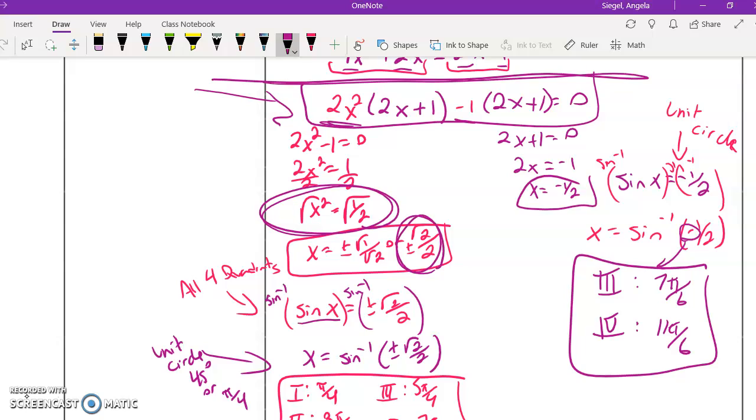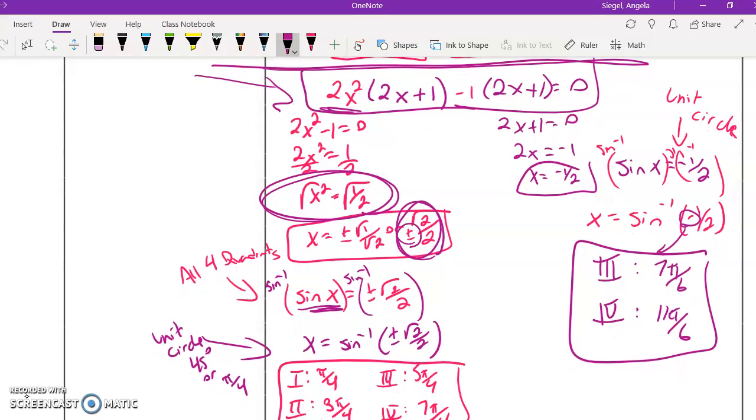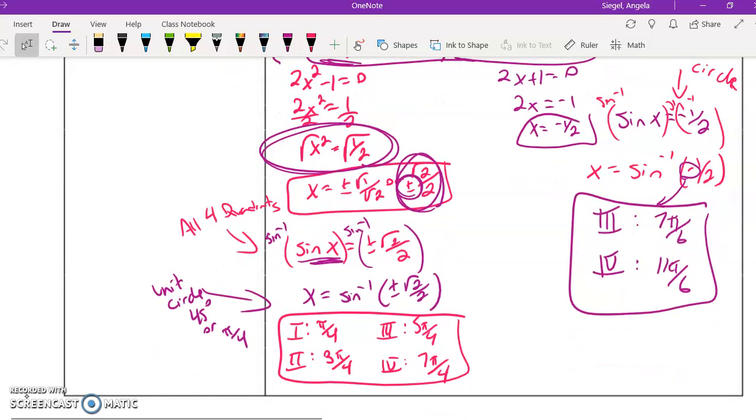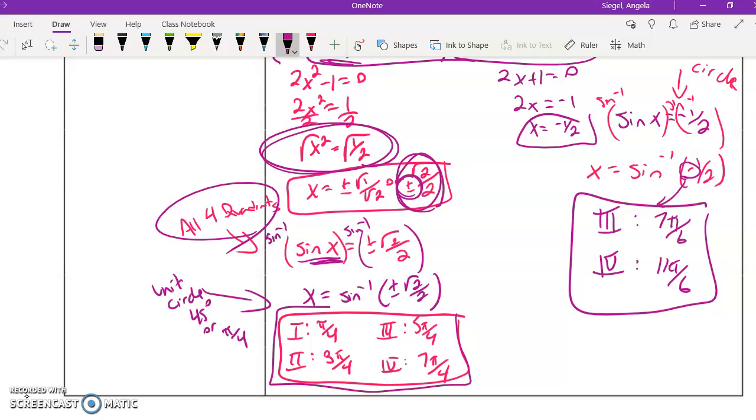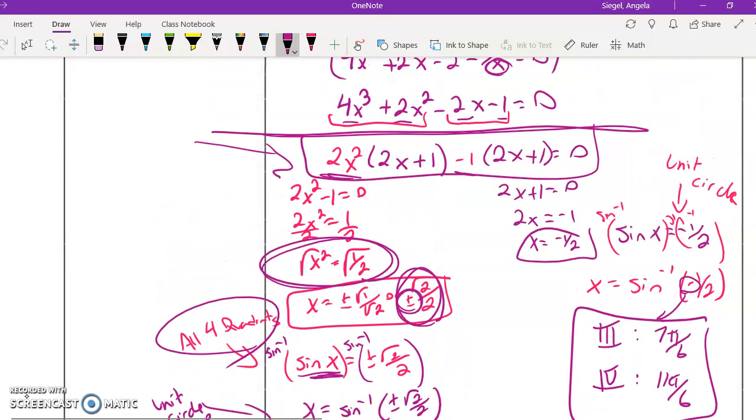So that's what I plugged in sine of x for. Notice that you have the plus or minus, which means it's going to be in all 4 quadrants. And square root of 2 over 2 is on the unit circle as 45 degrees or pi over 4. So that's where I got those values. And the same thing over here. So I went through, let me do this in a different color.